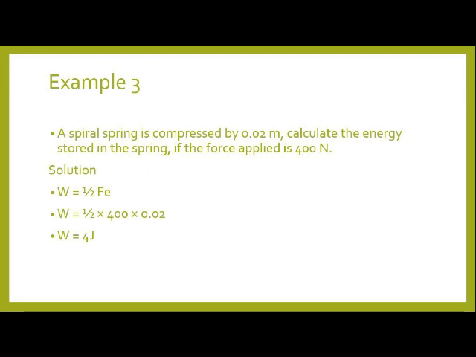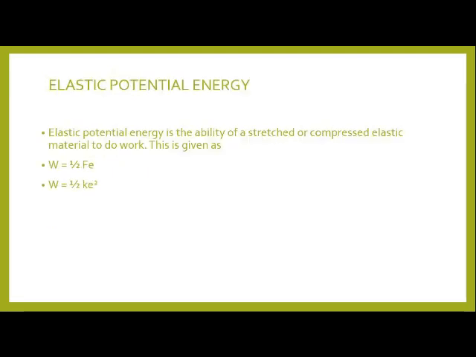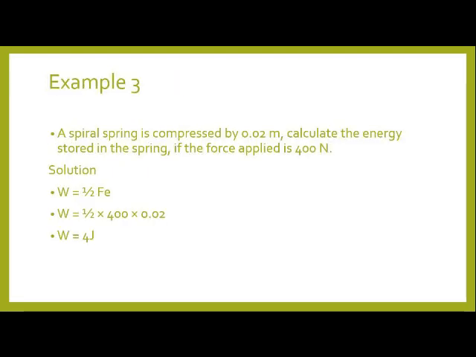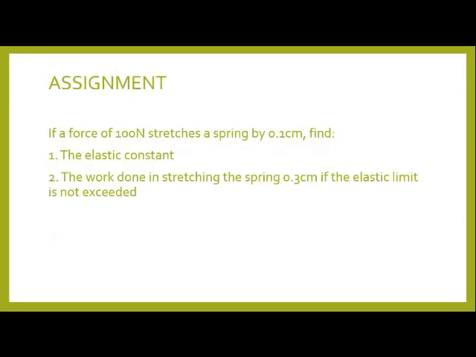Or if we're given K and E, we'll use half KE squared. Since we're given F and E, we substitute our values and solve. The arithmetic will give W equals 4 joules.